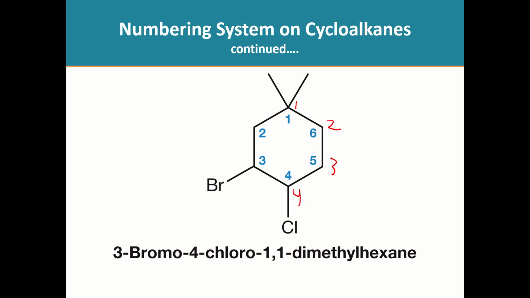We would have reached the second substituent in 4, and that's just a higher number. And then after we've numbered the cyclohexane ring, we will then look at the substituents and organize them by alphabetical order. And we see B comes before C, which comes before M. Pretty straightforward.